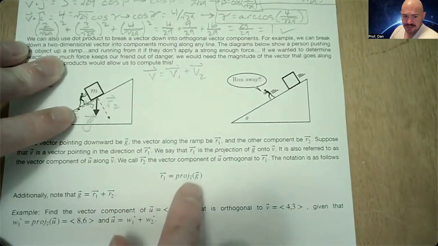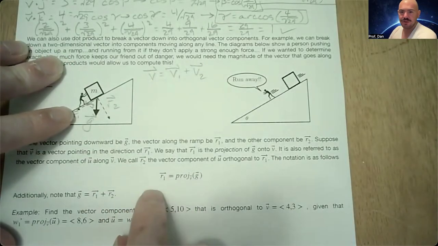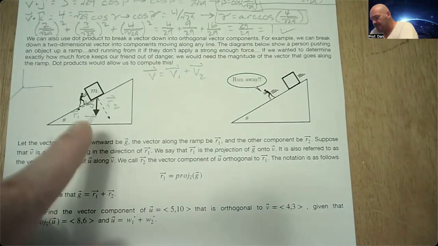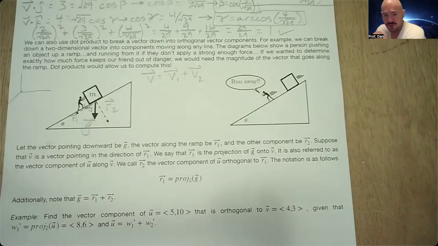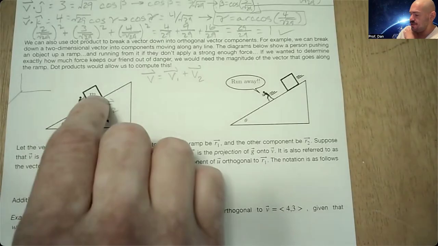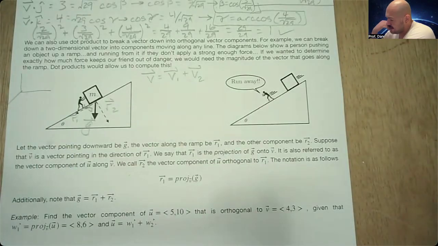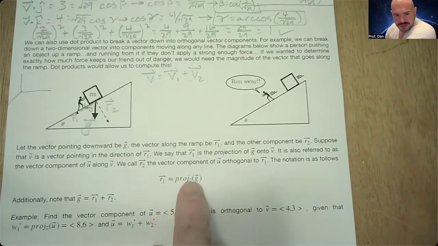And this would actually give us R1. So R1 is the projection of my gravity vector onto V, which indicates the direction of the ramp. And this is our notation: the projection of G onto V is equal to R1.